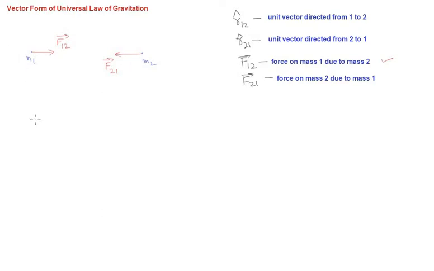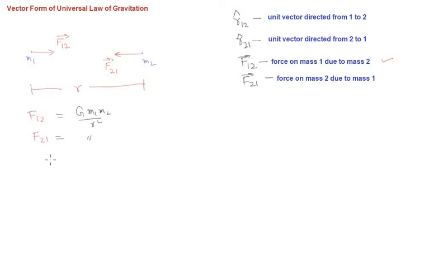Now the value of both in magnitude, f12 and f21, if the distance between them is, let's say, r, will be simply G m1 m2 by r square, and the same will also be true for f21.